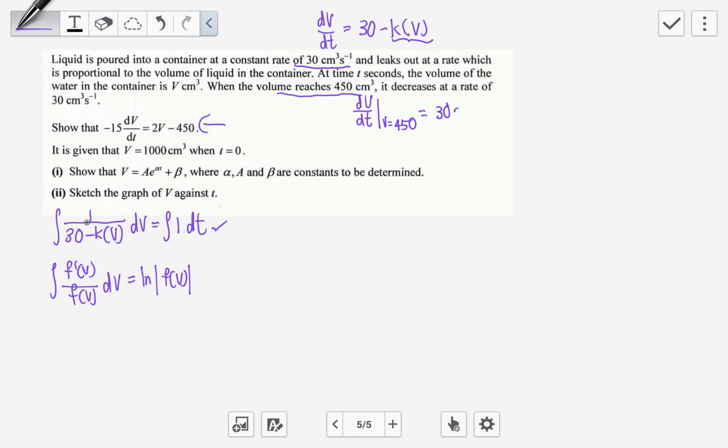But now the top is not the derivative of the denominator, because when you differentiate the denominator, it should be minus k. So in order to get minus k up there, I divide by minus k outside of the integral.